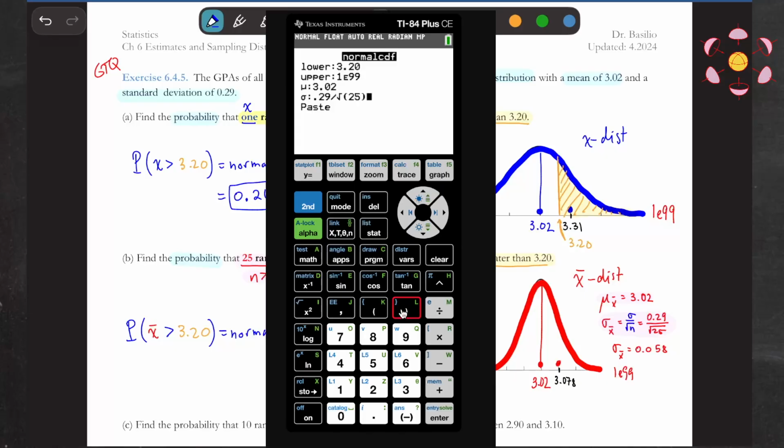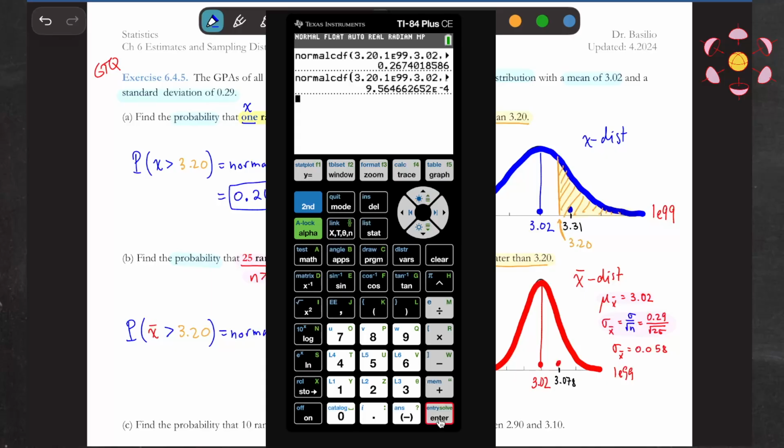So notice I'm doing 0.29 divided by the square root of n. What's really awesome about this calculator is you don't have to memorize an extra rounding rule, like, oh, how much accuracy should I keep? Should I write down? I basically prefer to skip all of that. Let's just put the exact answer and let's round only at the final step.